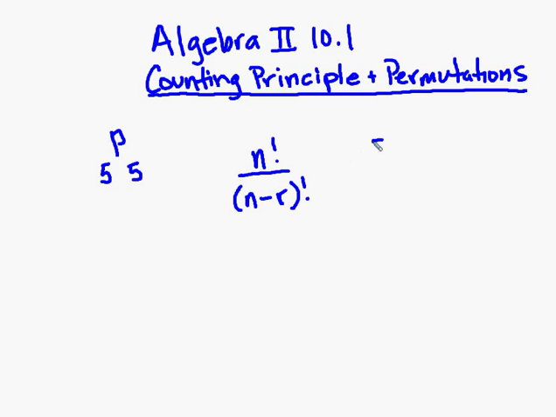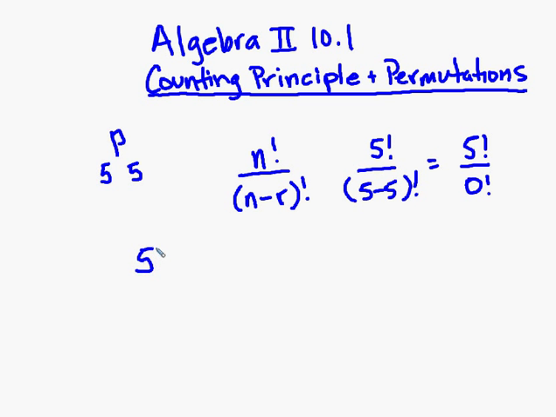So this ends up being 5 factorial over 5 minus 5 factorial, which is equal to 5 factorial over 0 factorial. Now, one of the things that you should know is that 0 factorial is equal to 1.